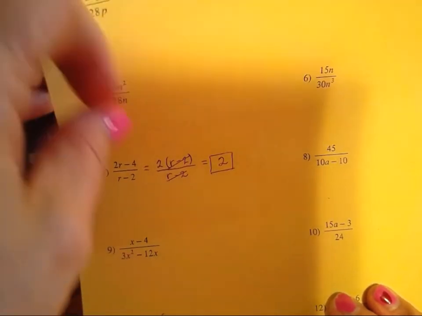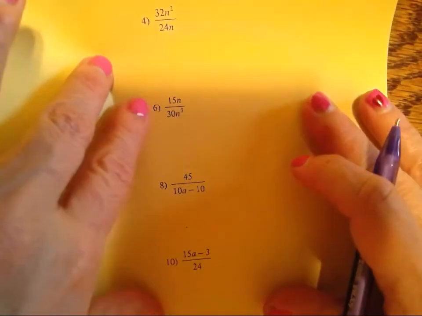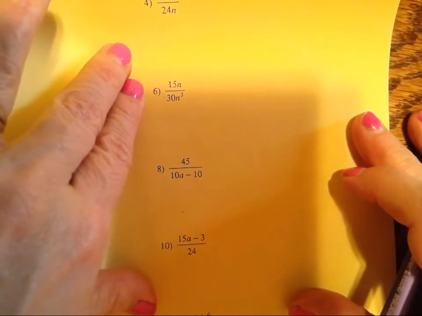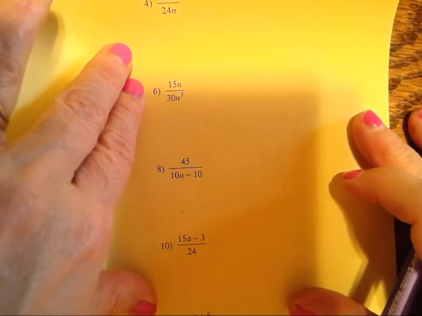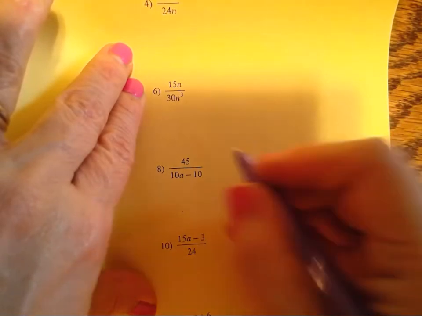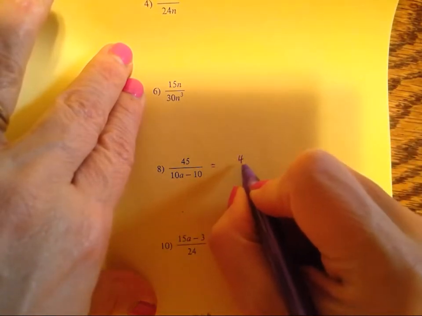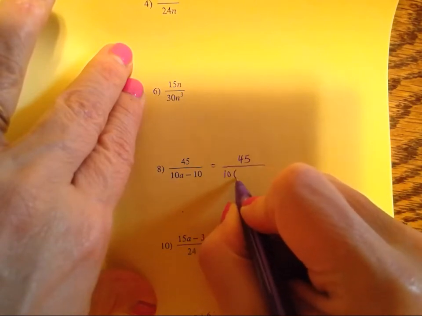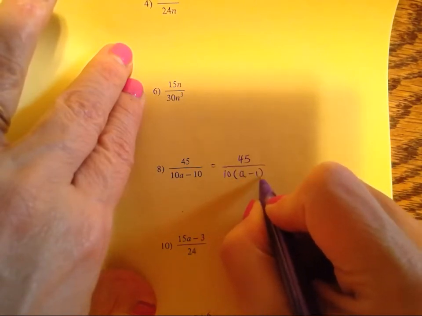Let's look at number 8. Number 8, we have 45 over 10a minus 10. We want to factor out a 10 from the denominator. So we take out a 10, we have to multiply it by a minus 1.